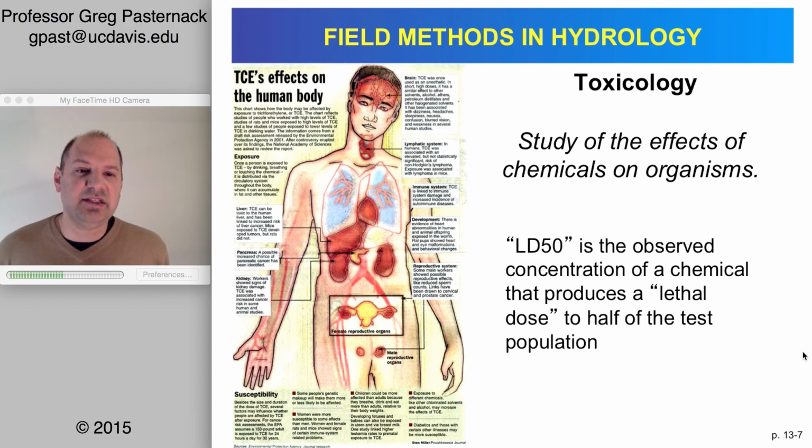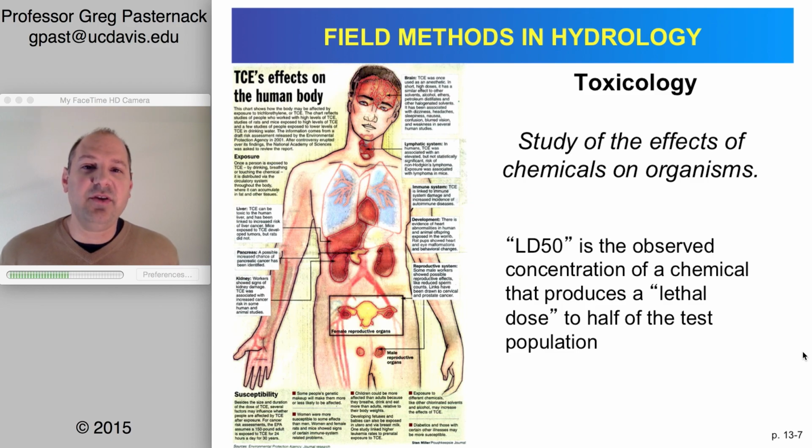One of the metrics commonly used in toxicology is called an LD50, or lethal dose 50. This is the concentration of a chemical that kills off half of the population that it's applied to. So that's a pretty extreme number, and of course we don't want to be exposed to chemicals at that concentration.